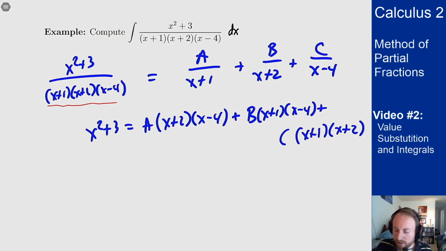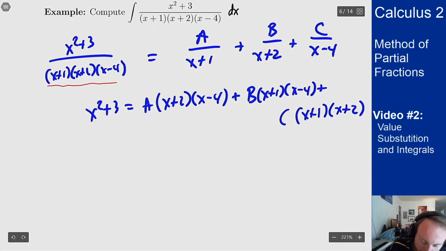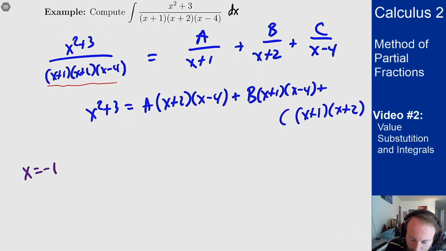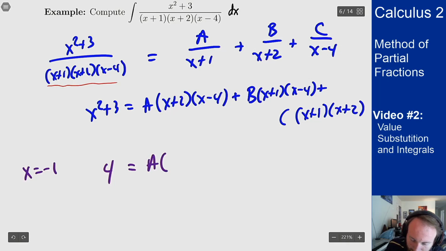And again, we're going to use value substitution here to solve this problem out. The numbers I'm going to want to plug in are minus 1, minus 2, and 4, because that will get rid of 2 terms each from this expression. So I plug in minus 1, the left-hand side becomes 4. I get a times 1 times minus 5 plus 0 plus 0, which tells me a is minus 4/5.